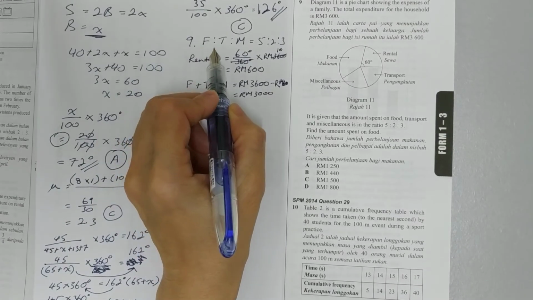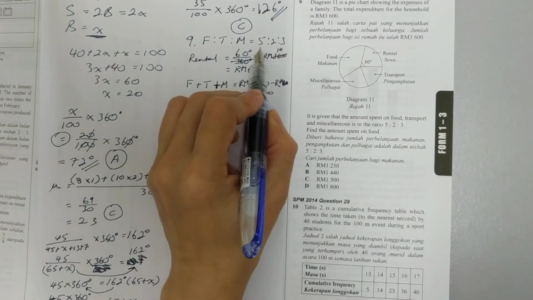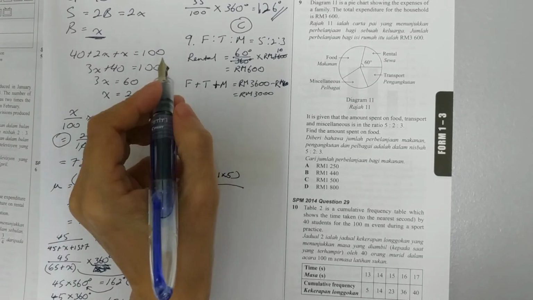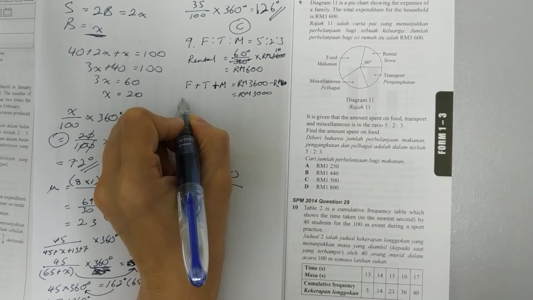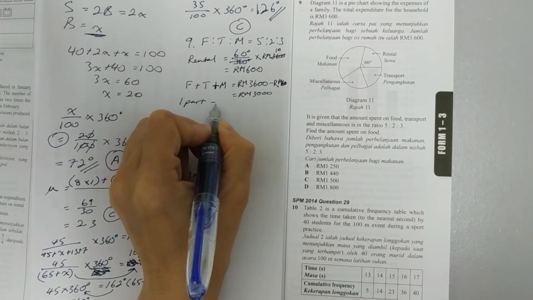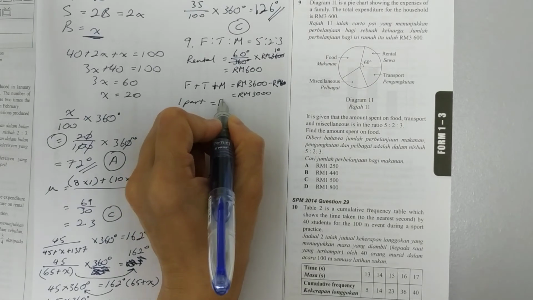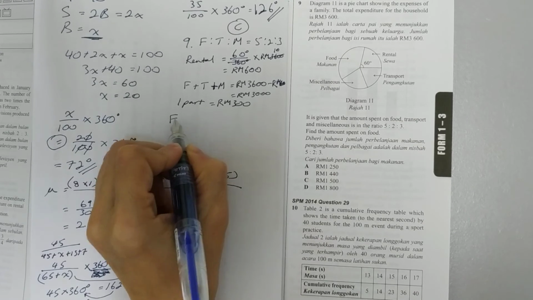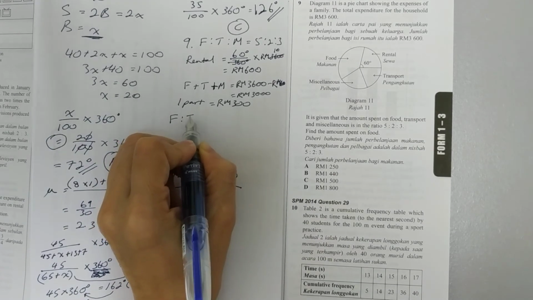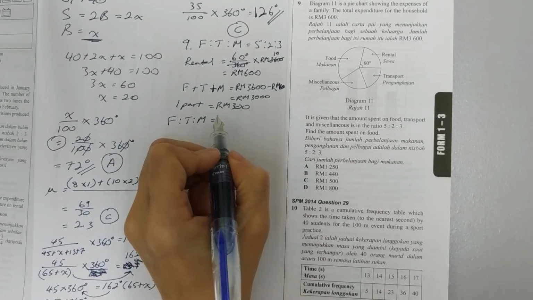Now because food to transport to miscellaneous is 5 to 2 to 3, we add those up and we'll get 10. Okay, so one part is 3000 divided by 10, RM300.